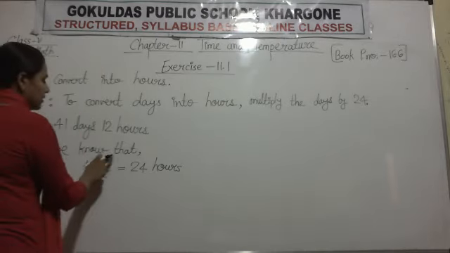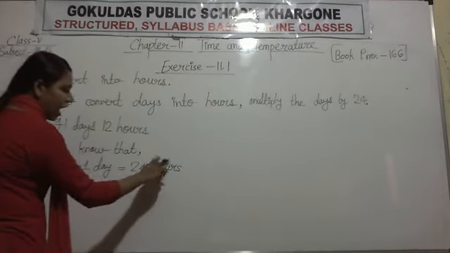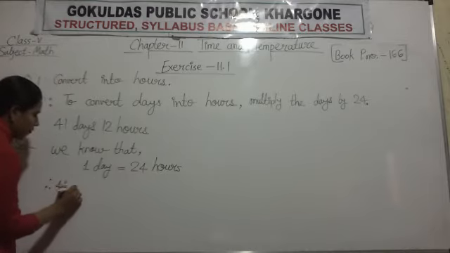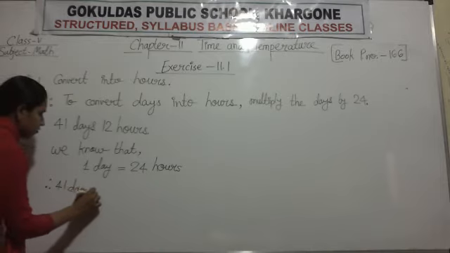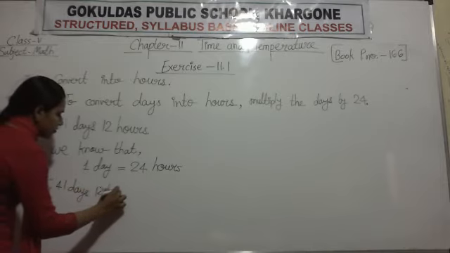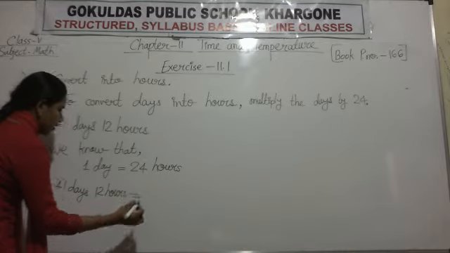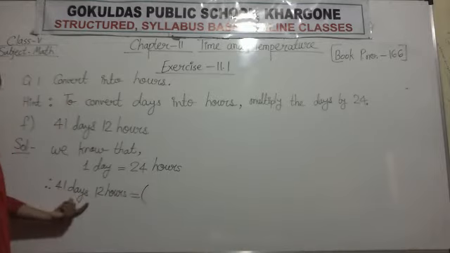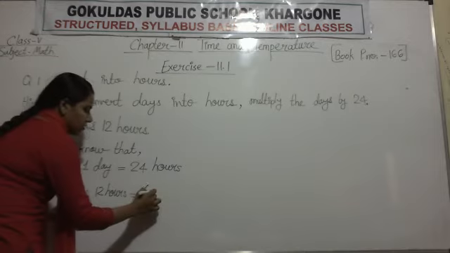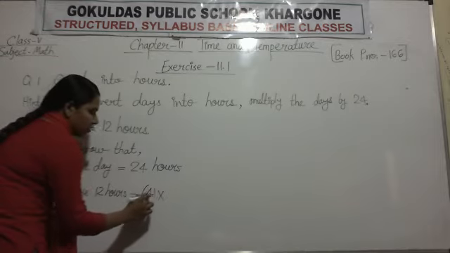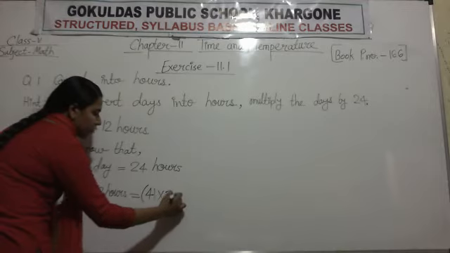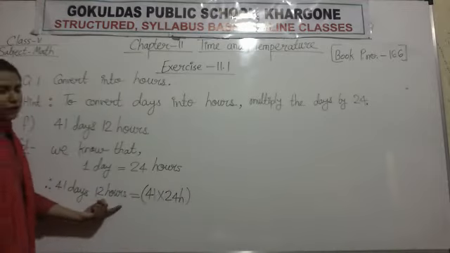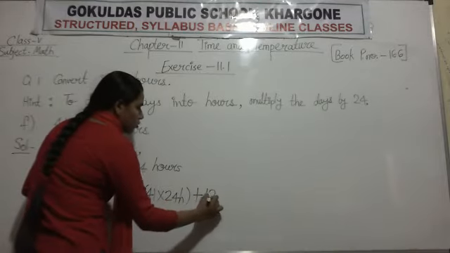So we know that 1 day is equal to 24 hours. Therefore, 41 days, we will multiply 41 with 24 hour, bracket close, plus 12 hour is left, so write plus 12 hour.